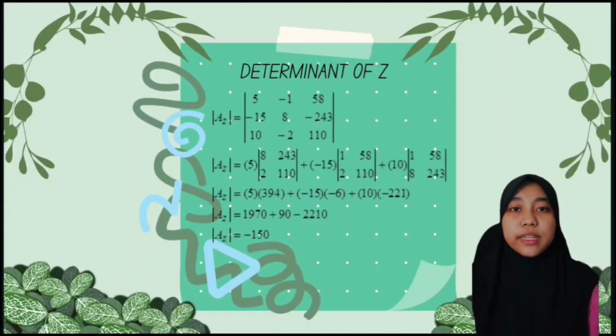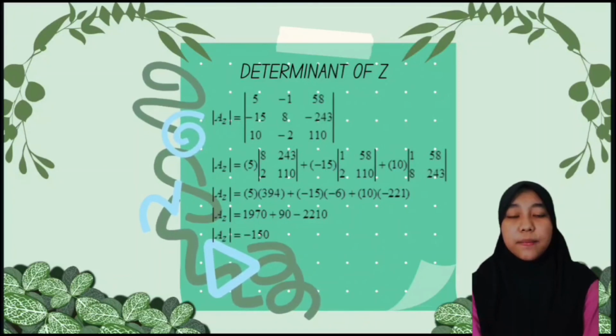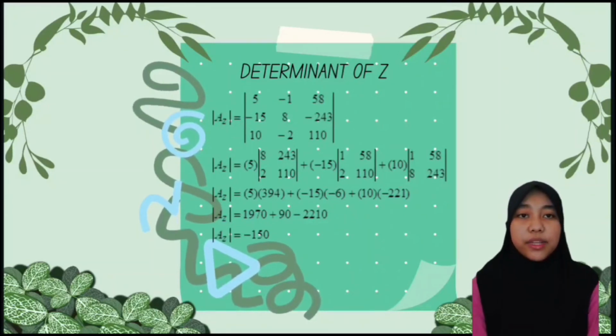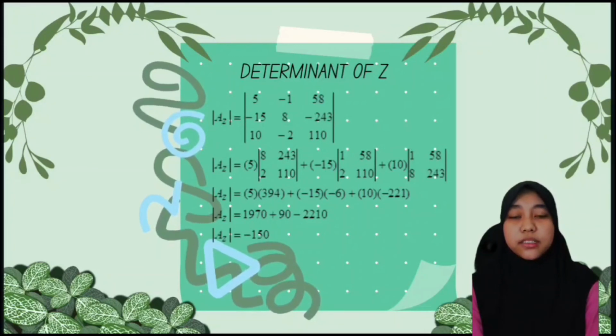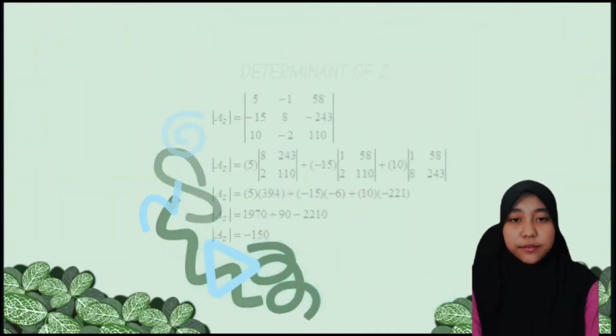Now we're going to add them: 1970, plus negative 15 multiplied with negative 6 is 90, and then 10 multiplied with negative 221 is negative 2210, and we add all the numbers, we got negative 150. So this is the answer for determinant of z, negative 150.